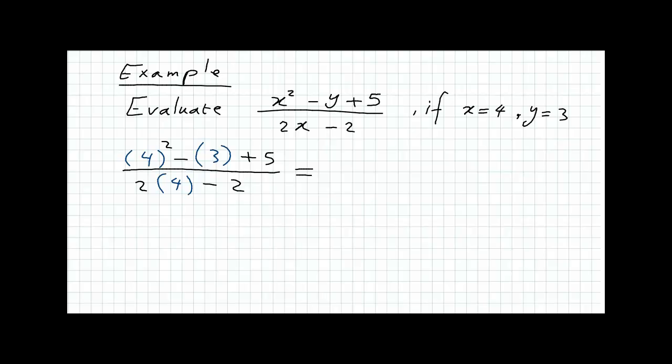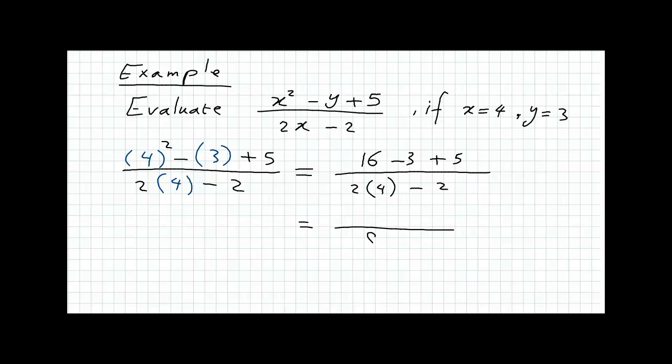Let us do this one, but when you do it, you should apply the order of operations. So first, you should find the value for the numerator. So we will do first the powers here, since we don't have parentheses. It will be 16 minus 3 plus 5 over 2 times 4 minus 2. The priority is for multiplying, so we will multiply 2 times 4 down in the denominator.